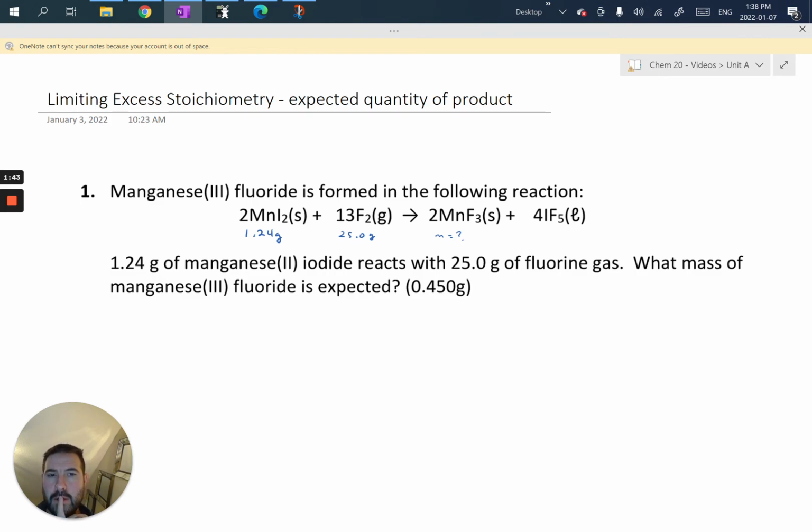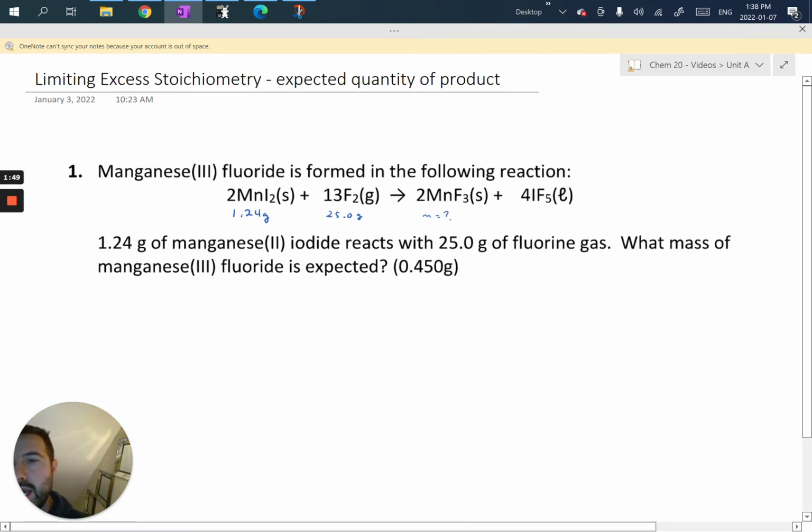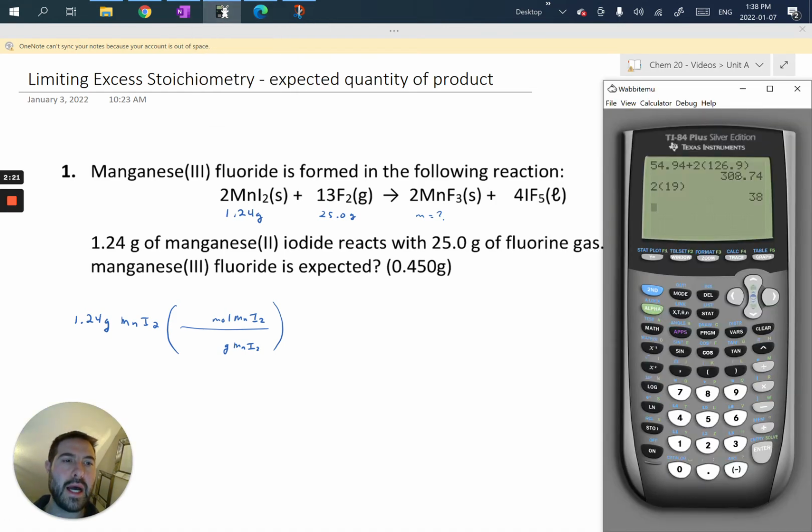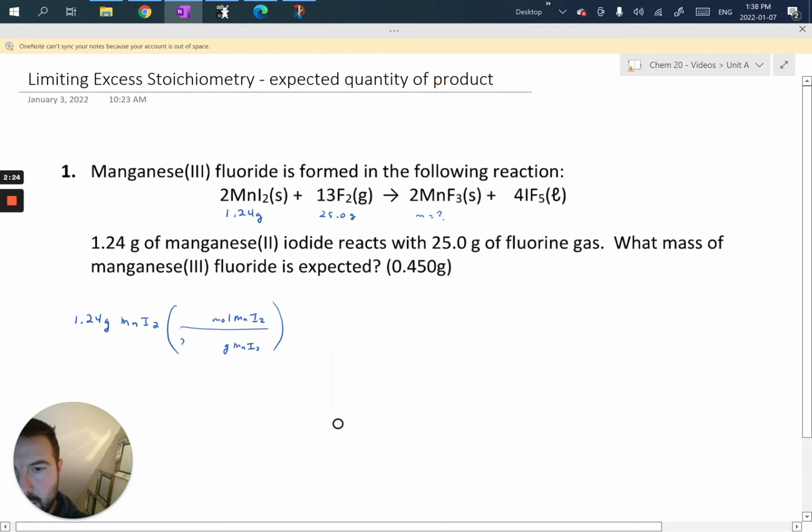Let's start with our manganese 2 iodide. I have 1.24 grams of MnI2, and I am going to need to convert that to moles. To find moles of my MnI2, I'm going to need my grams of MnI2 and this conversion factor, my molar mass. I've already calculated the molar mass of this substance, and it's 308.74 grams for every 1 mole.